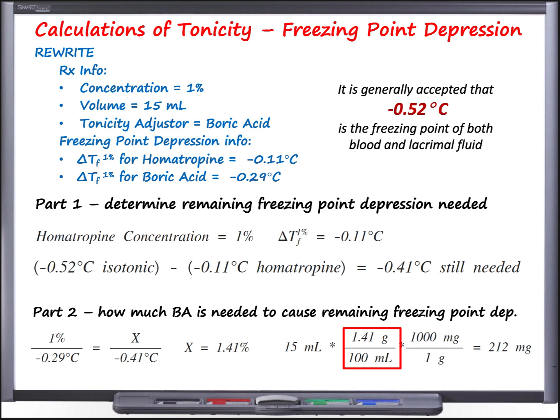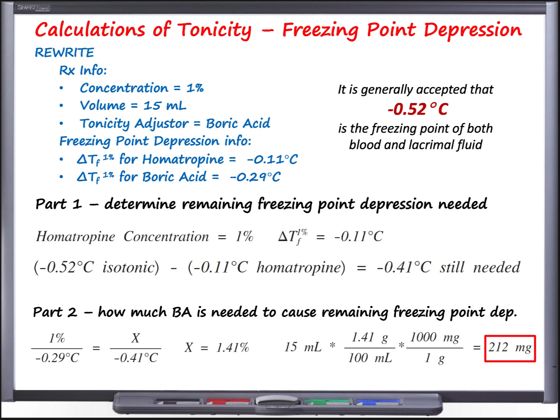This way you can see that the milliliter units will cancel. And then the last step was to convert grams to milligrams. So we'll just multiply that by the fact that there's 1,000 milligrams per every 1 gram. So you can see our units will cancel. And if we do that math all the way across, we see that we need 212 milligrams of boric acid.